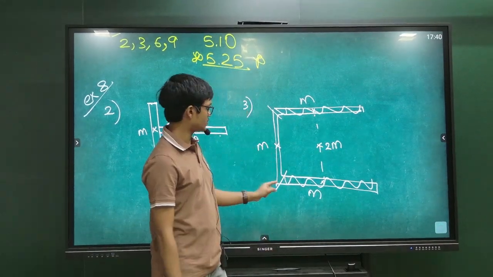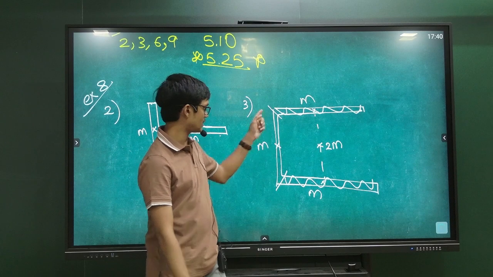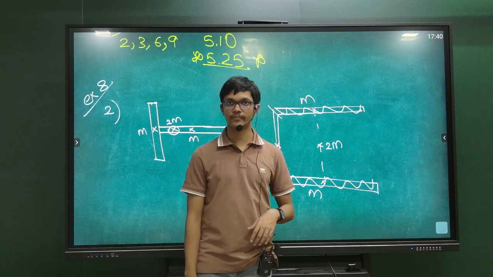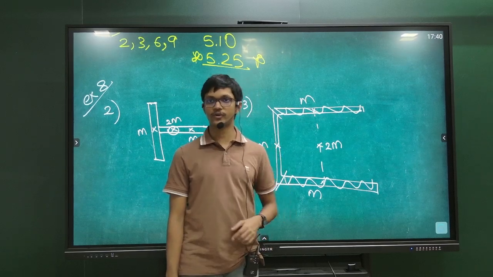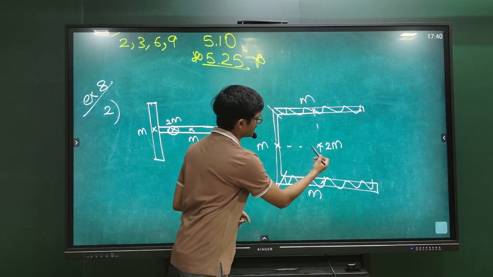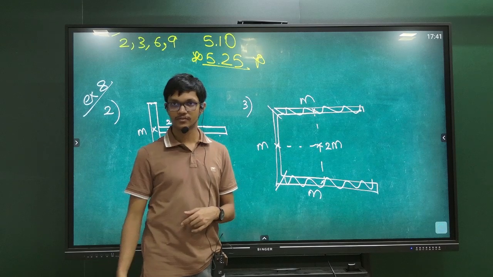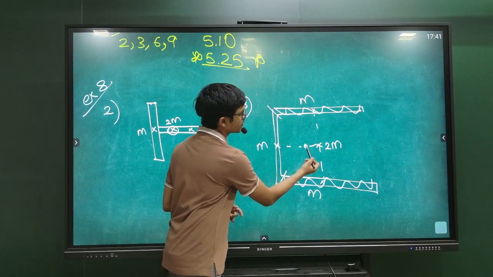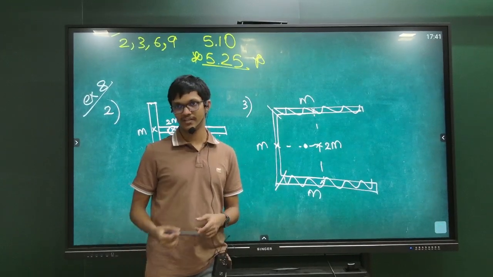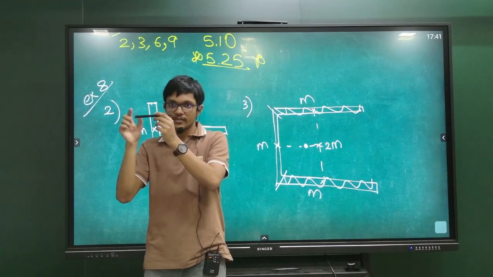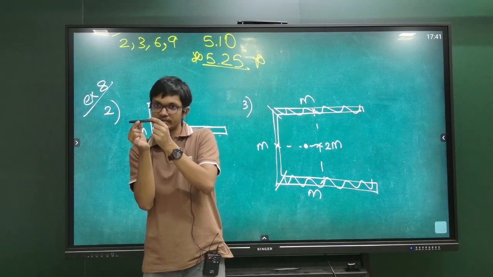Now you have this rod, mass is m. You have these two, center of gravity is here, 2m. Clear? Now where can you find the resultant center of gravity? It must be in this line, more towards close to 2m, right? Close to 2m. Clear? Why? If the weight at one side is higher, center of gravity goes towards that side, right?